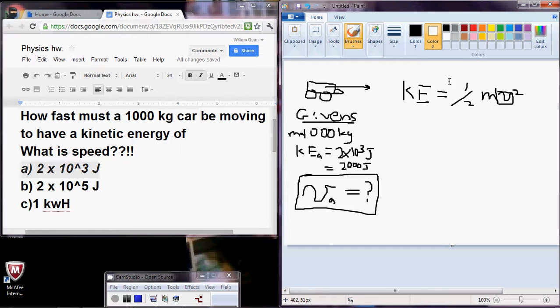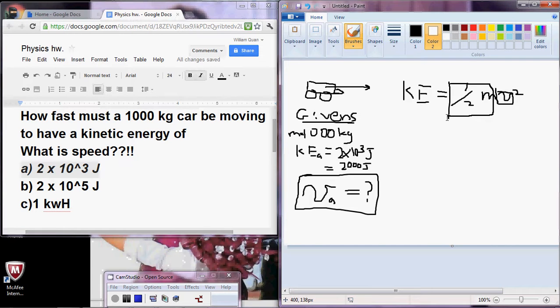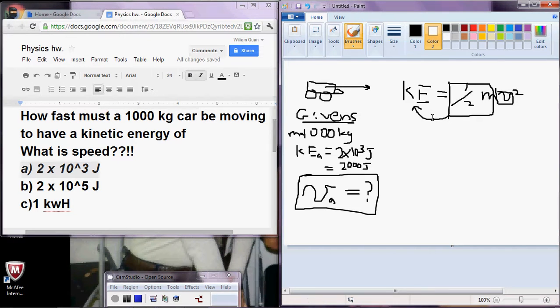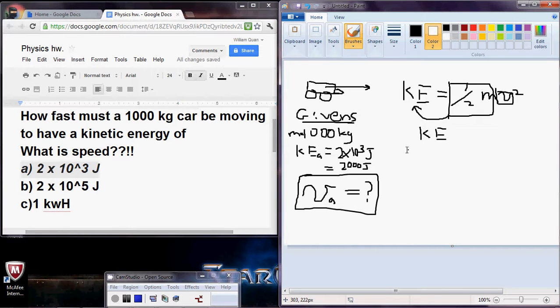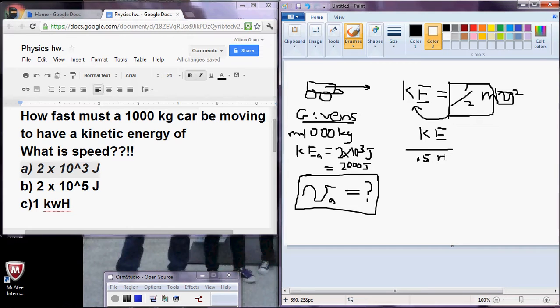We have to move all of this over here to get the speed alone. So we're going to divide the kinetic energy by 1/2, also known as 0.5, of the mass, which equals velocity squared.